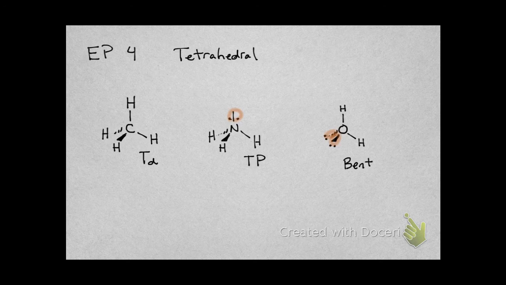The 1 lone pair in the ammonia occupies one of the positions in our tetrahedral arrangement, and the final shape is called trigonal pyramid. And then finally, the water with 2 lone pairs and 2 bonding pairs in the tetrahedral arrangement results in a bent shape. So 3 molecules, same number of electron pairs, same electron pair geometry, 3 different shapes.